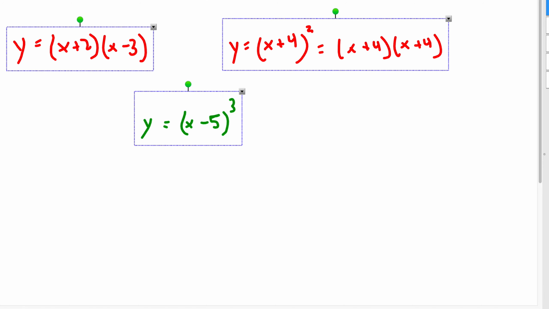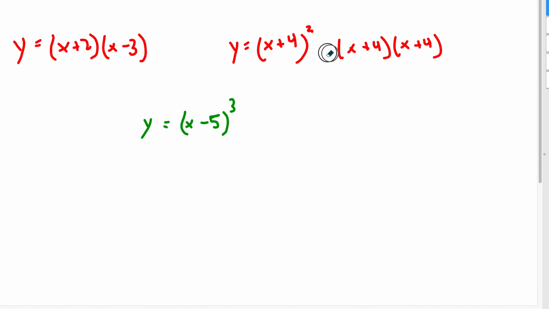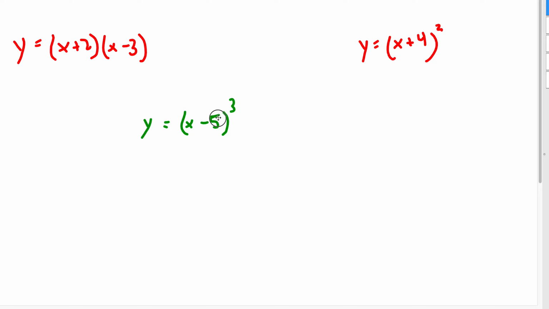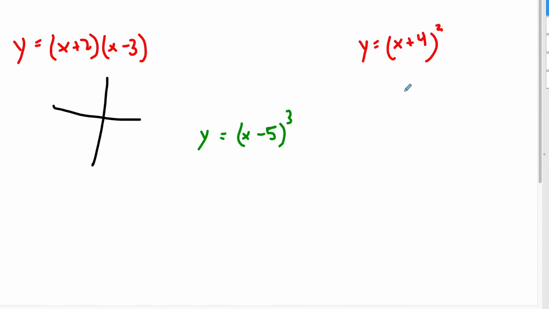So what I'm going to do is sketch what these are and see if we can figure out any sort of pattern. Let's space these out first, okay? So what we're going to do first is draw some axes, right? So this is going to graph a certain way, this is going to graph a certain way, and this is going to graph a certain way.